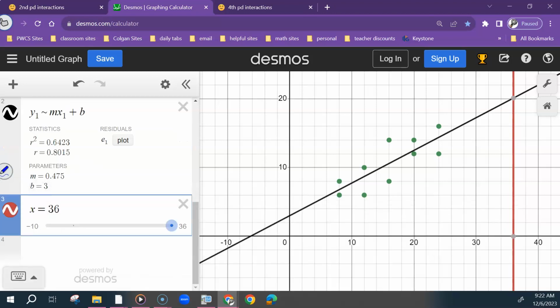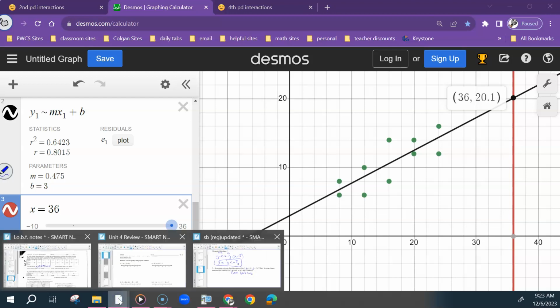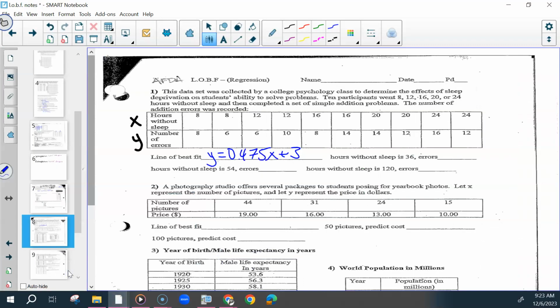It's going to give you a vertical line that's going to intersect your line of best fit, and that would be your answer. That's it. The work you would say is x equals 36 put into Desmos. That's it. So what do we write? 20.1.